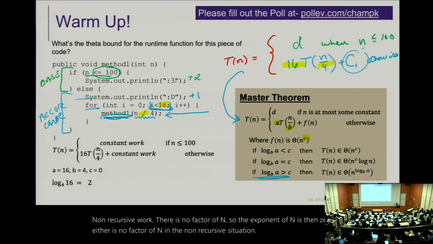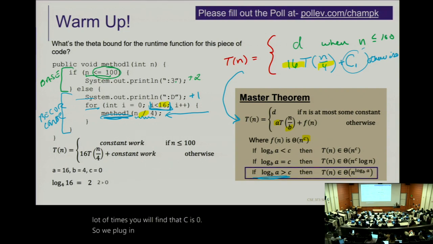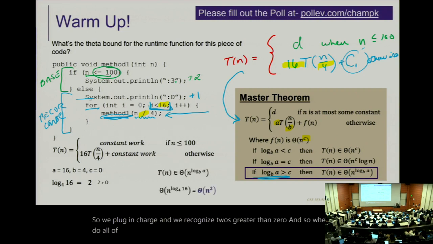That is specifically why we wanted to do this example, because a lot of times you will find that C is 0. So we plug and chug, and we recognize 2 is greater than 0. And so when we do all of our math, that tells us that the big theta is n to the exponent of whatever that log base b of a is, which happened to be 2. So you're absolutely correct. We got n squared.